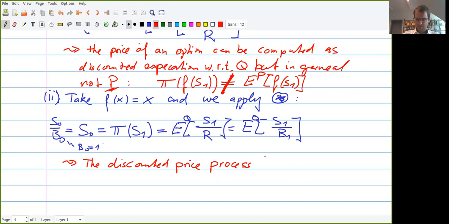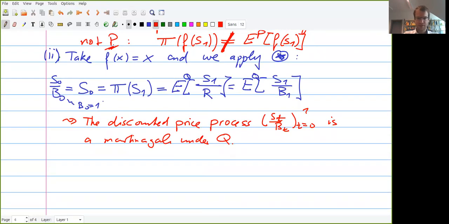That's S divided by B, is a martingale under the measure Q. Okay. All right. So this is why we call this measure Q the equivalent martingale measure, because it's also equivalent to the measure P.